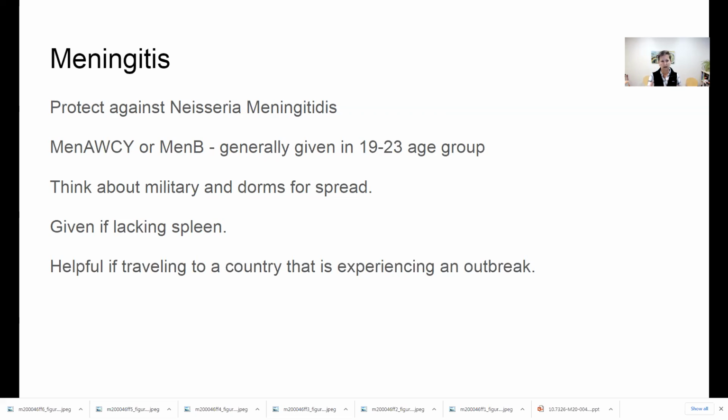I have seen only one case of Neisseria meningitis in a young adult when I was still in training. So largely not much of an issue, but if you have a child going to school, it may be required.